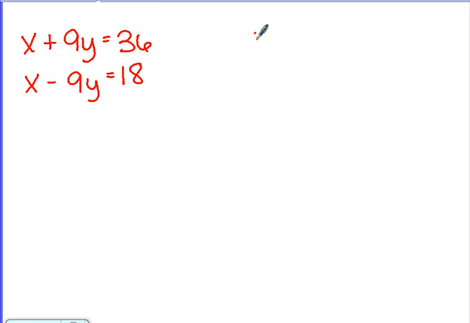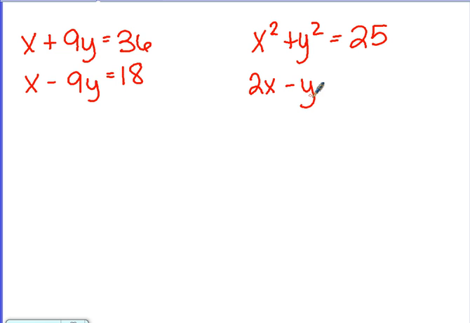For my second one: x squared plus y squared equals 25, and 2x minus y equals 5. On your own, go ahead and solve those two. One is linear, one is nonlinear. Tell me which one is linear and which one is nonlinear, and we will check them when we come back into class.